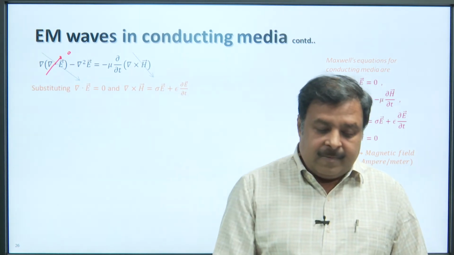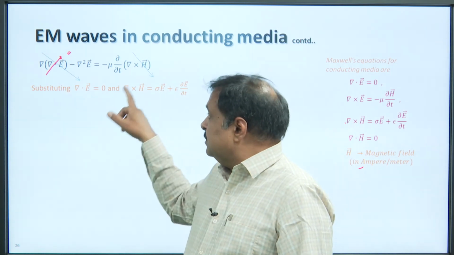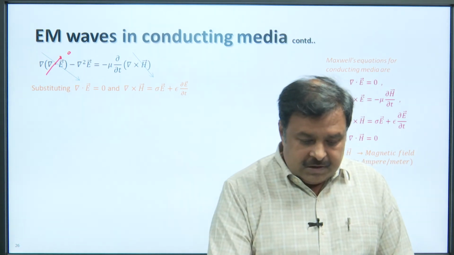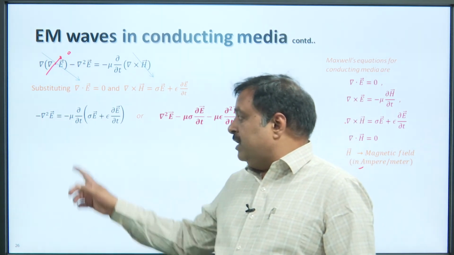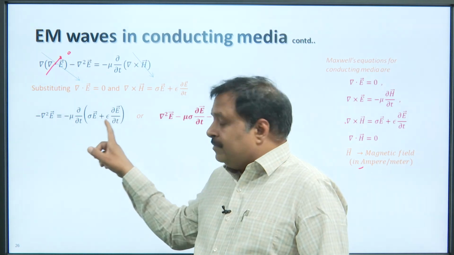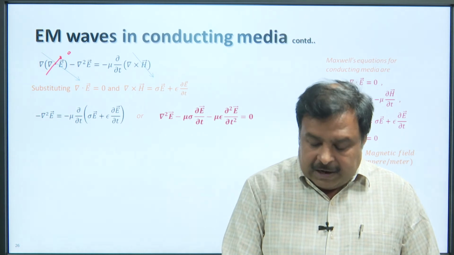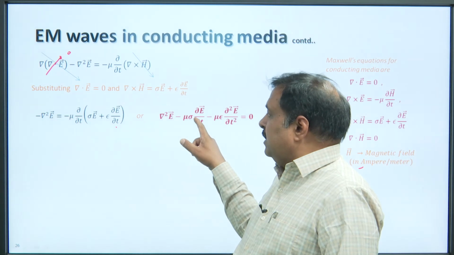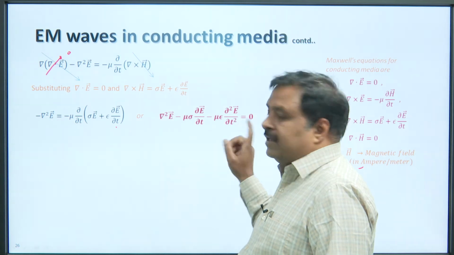So, let us see, this del dot E equal to 0 and del cross H is sigma E plus epsilon delta E by delta T. So, this equation becomes minus del square E equal to minus mu delta by delta T of sigma E plus epsilon delta E by delta T, and when it is simplified it gives del square E equal to mu sigma delta E by delta T plus mu epsilon delta 2 E by delta T square.